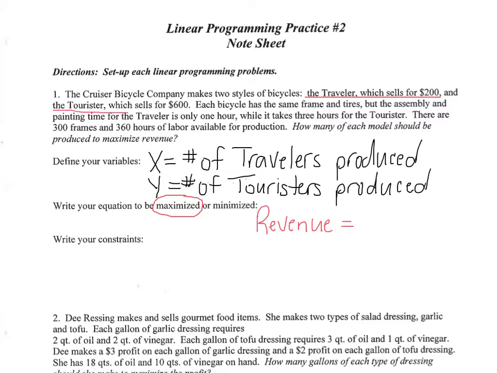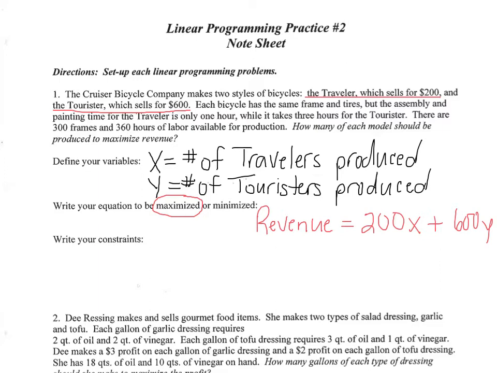And the Tourister sells for $600, so you'll bring in $600 every time you sell one of those. So my revenue is going to be $200 for each Traveler, which is X, plus $600 for each Tourister, which is Y. Now, the instant that I've used the 200 and the 600, I will never use those numbers again.